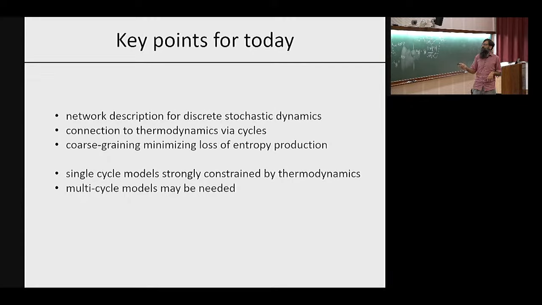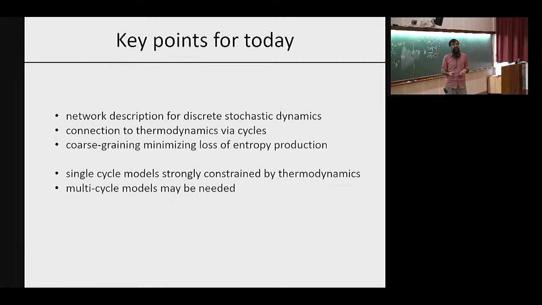And then in the specific applications, I told you that the single cycle models are strongly constrained by thermodynamics. So a lot of the things that are observed in biological molecular machines actually require more than a single cycle, because you see that these constraints are not fulfilled. And then you need multi-cycle models.